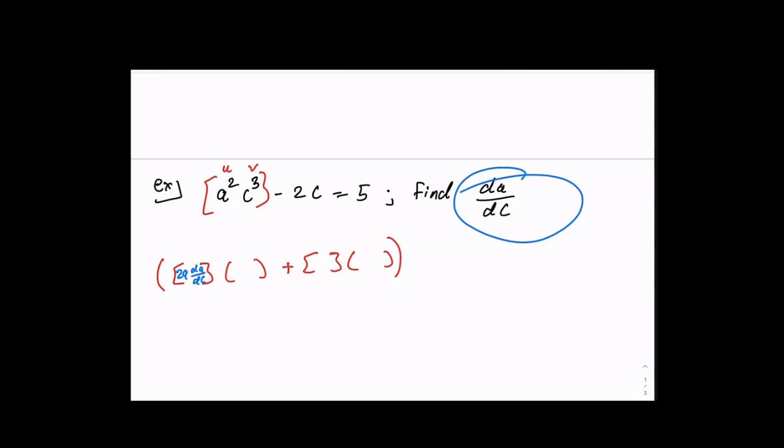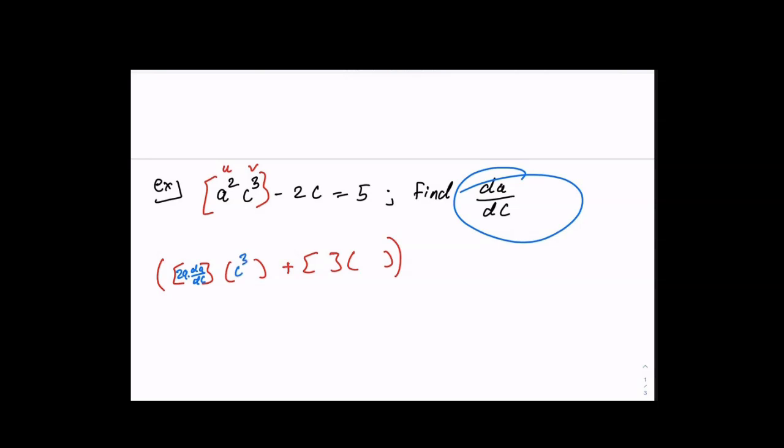Yeah. I think I'm just going to give up on the over part. But yeah, so we're taking it with respect to a different variable. We're finding a derivative with respect to C. So if it's anything that's not C, we have to have that dA dC attached. All right, so you always have to be on the lookout for dA dC. All right, times. I think you said it correctly. Times what? C to the third power. C to the third power, good.